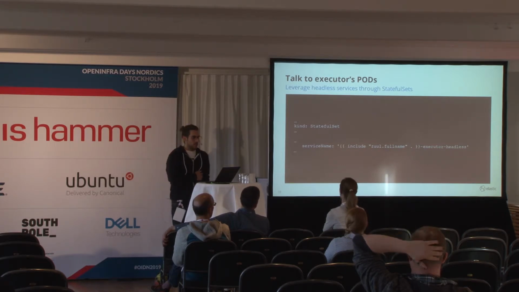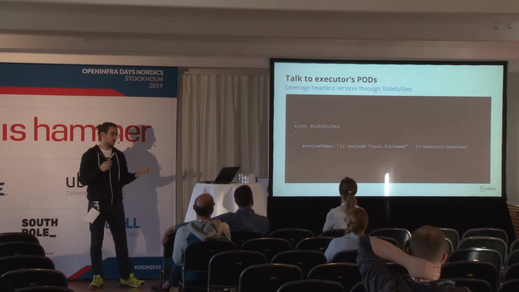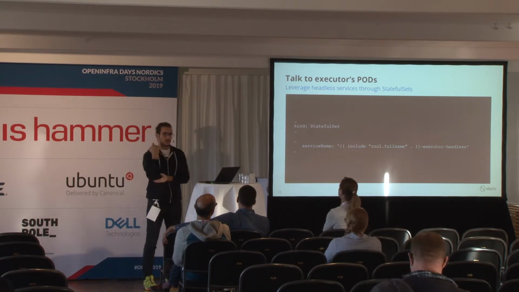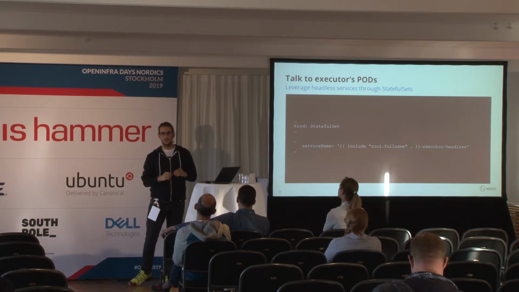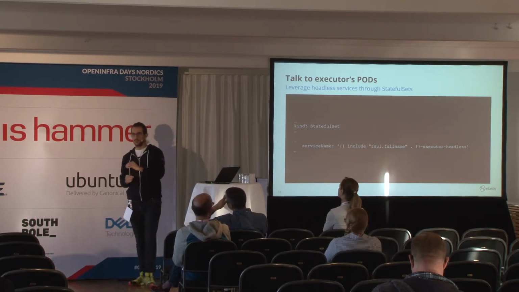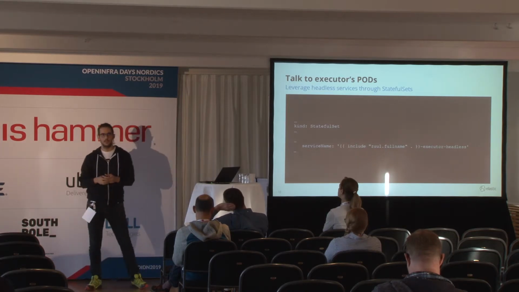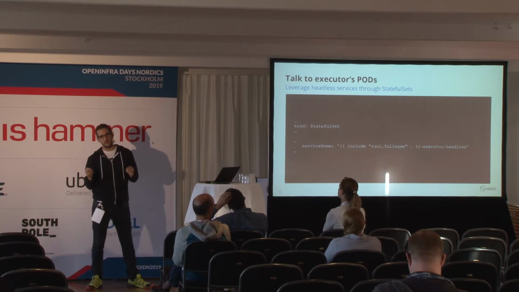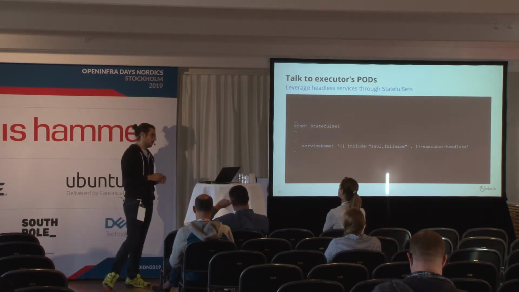So talking to the executor pod is another challenge, air quote. Remember the finger protocol and Zuul web connecting using the finger protocol to the Zuul executor. Now within the Kubernetes namespace, there's no way from one pod to connect and talk to the other pod unless you create a service and they're within the same network context and all that.